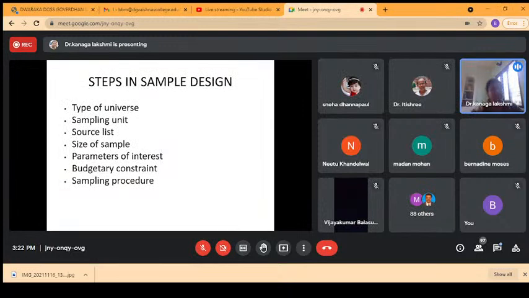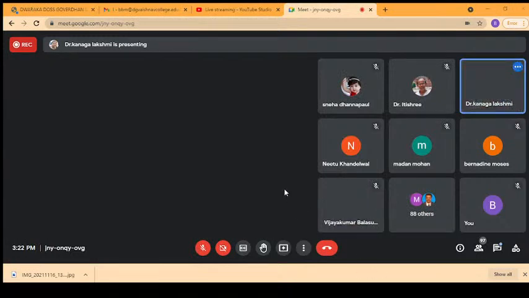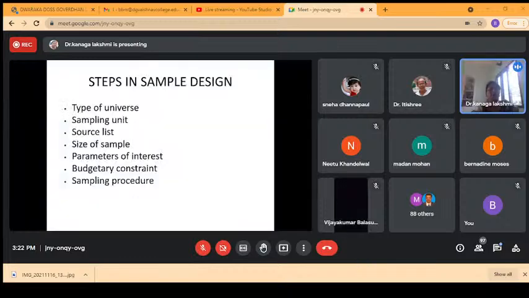For example, if the MBA department students are going to be your sampling unit, then the attendance register becomes the source list which gives the number. Okay, so when you talk about the size, such a list should be comprehensive, correct, reliable and appropriate when you go through the list.